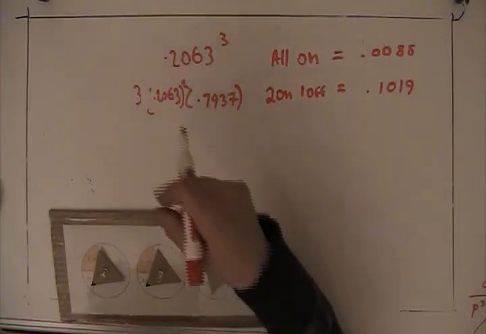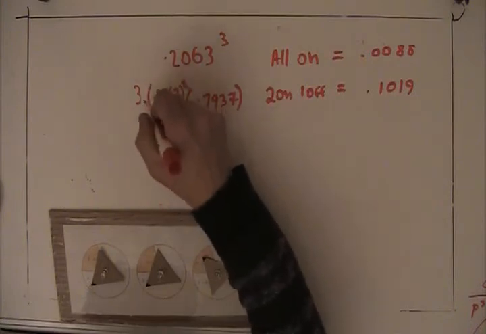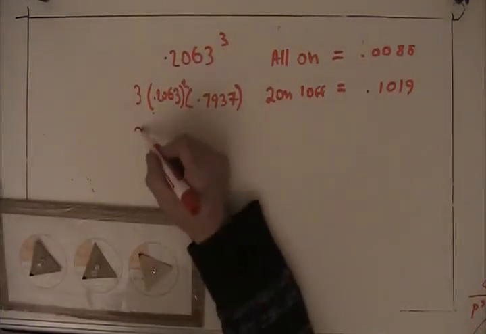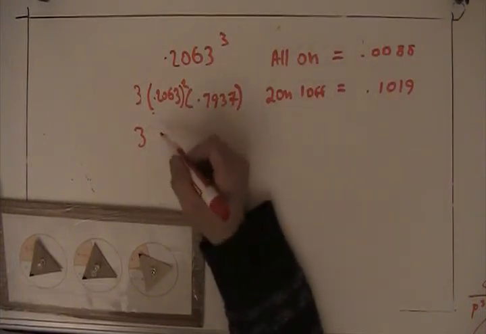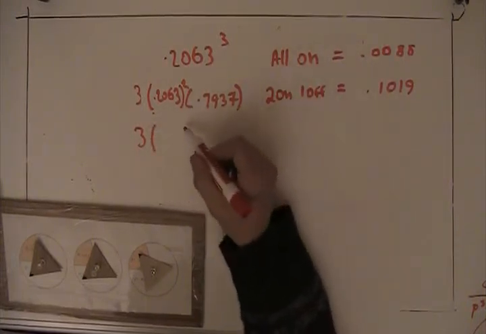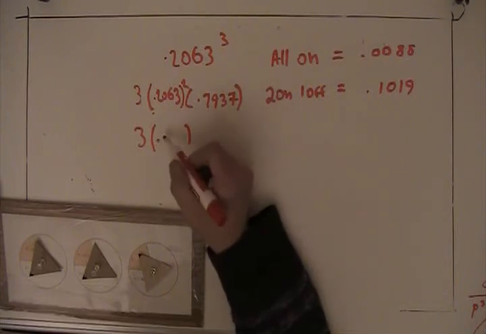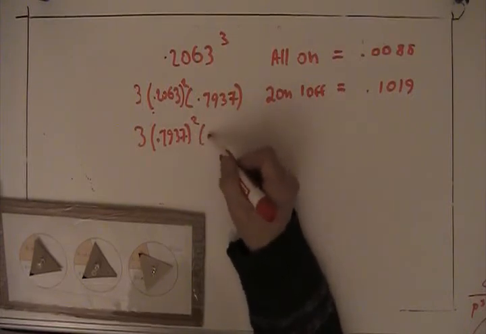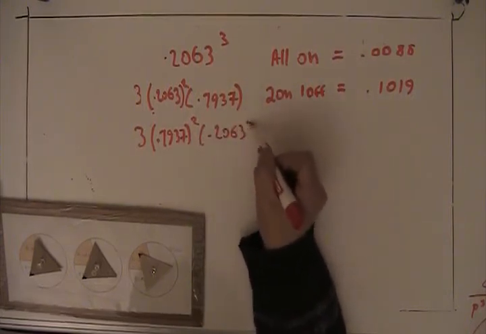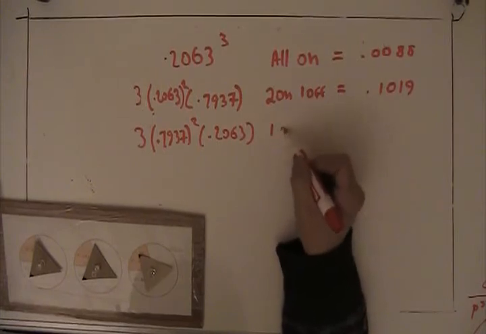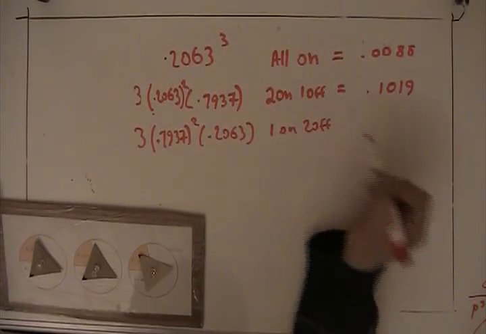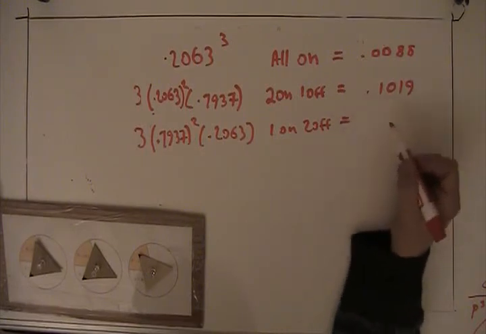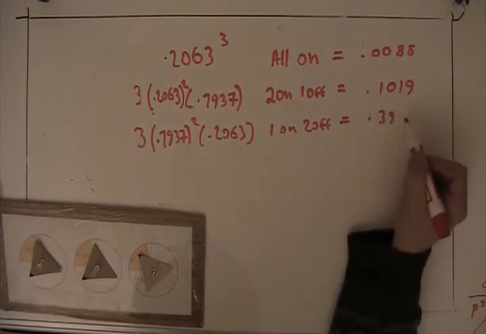Okay, let's make this a little crisper. Okay, we have 3 chances at getting the order of 0.7937 squared times 0.2063. That's 1 on, 2 off. And that equals 0.3910.